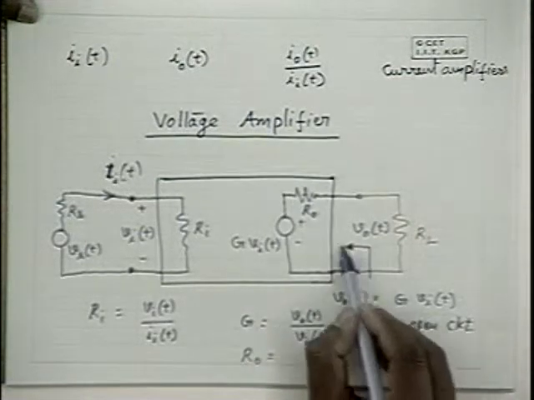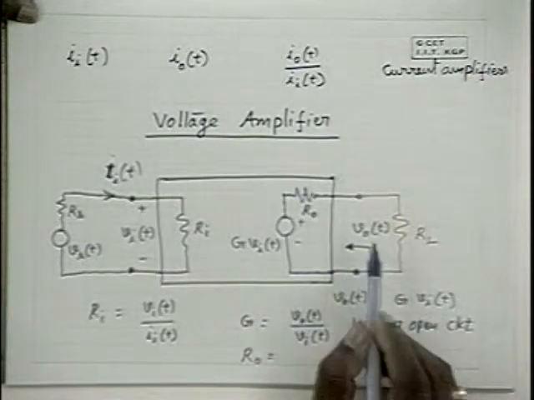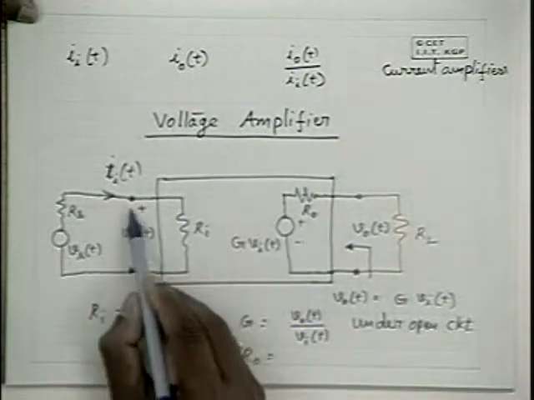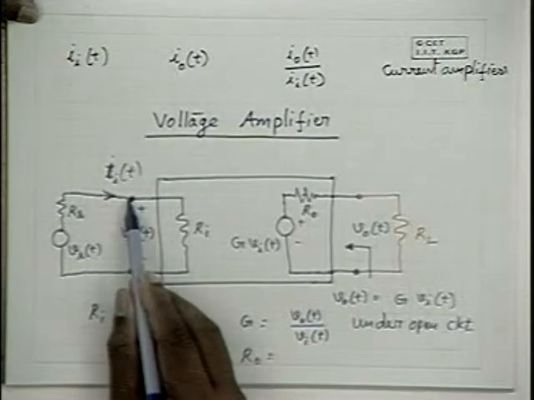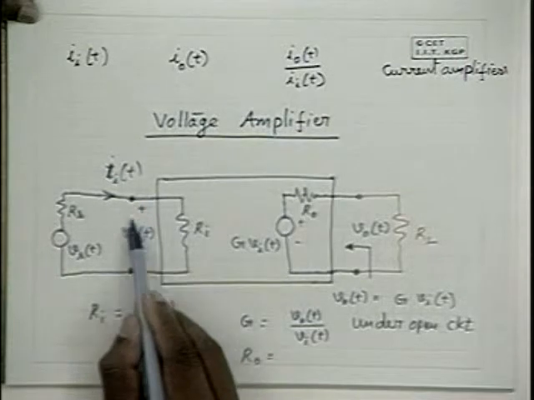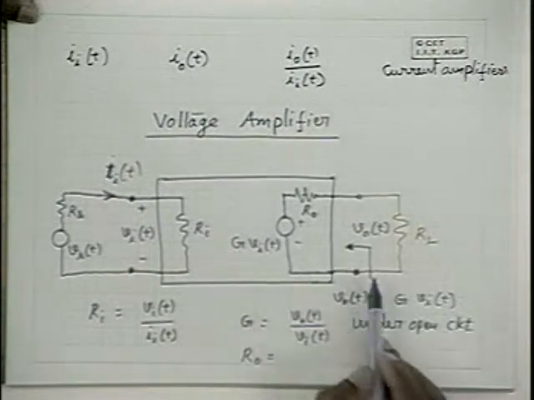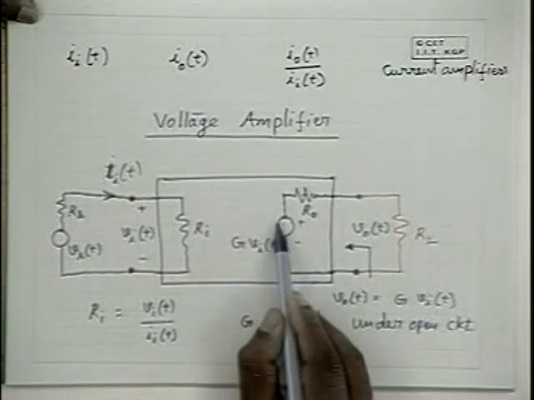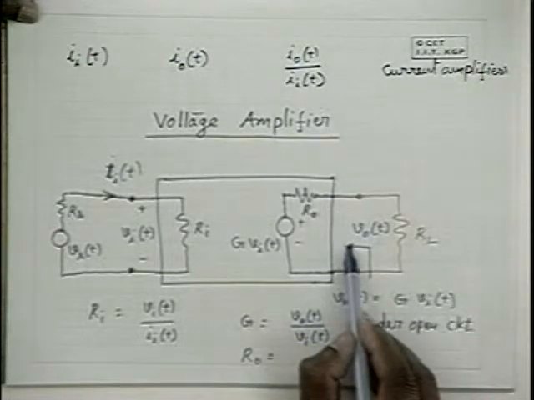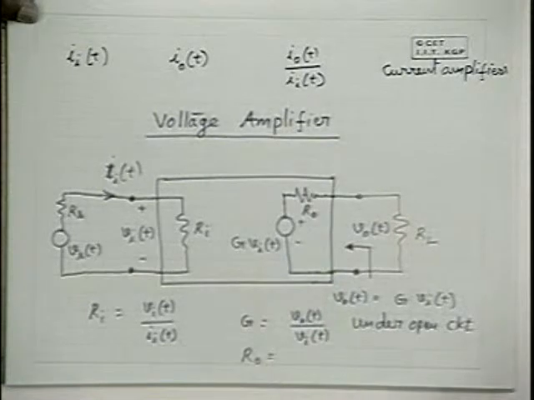For this voltage to be 0, the input side has to be short circuited. If you short circuit the input side and measure the output impedance here, that is equal to R_O.